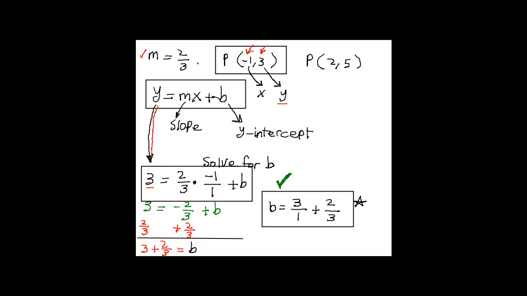Okay, we have to find the LCD, right? What's the LCD here? The LCD between 1 and 3. LCD is 3. Okay, so it means we have to multiply the first fraction with 3 over 3.